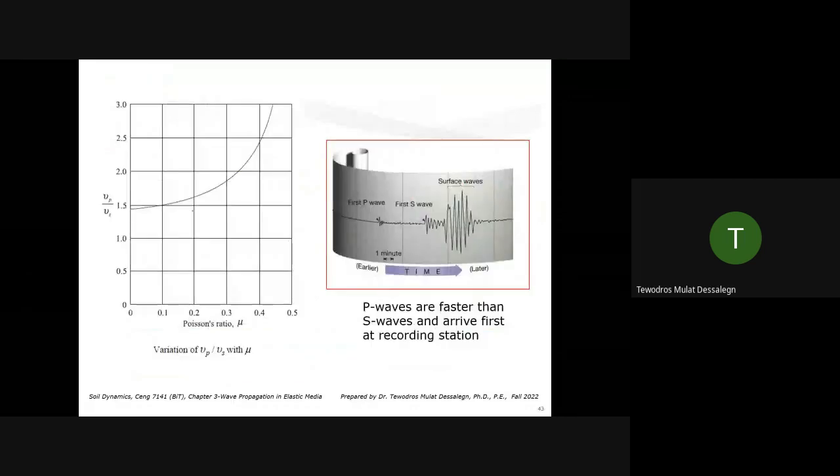You can see it in a plot here, VP by VS. If you have different Poisson ratios, 0.1, 0.2, 0.3, 0.4, 0.5, this is what you get. If you reach 0.5, that's where the infinity case happens, so you have to be careful. But in other cases, you have everything above 1.